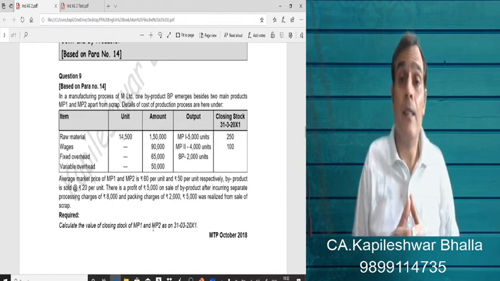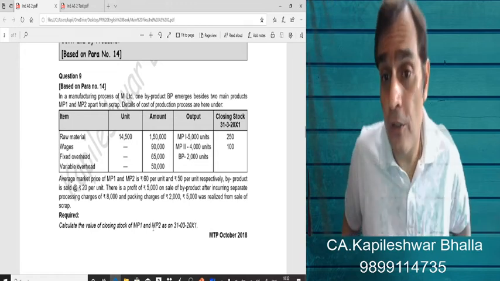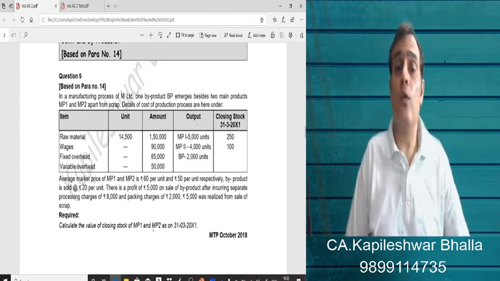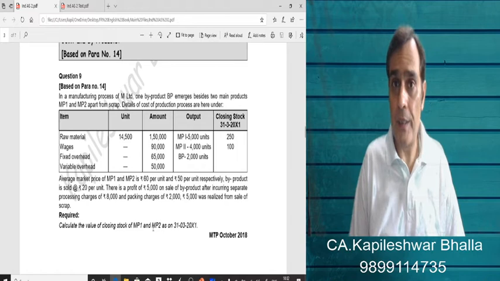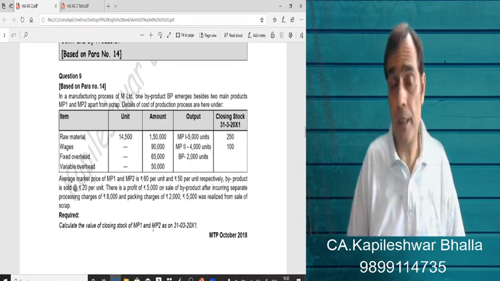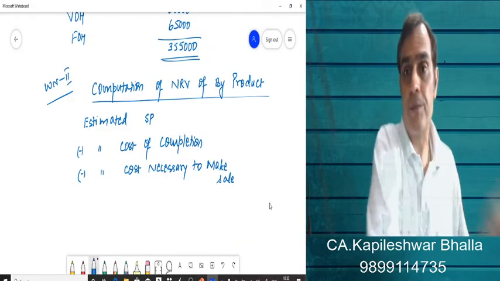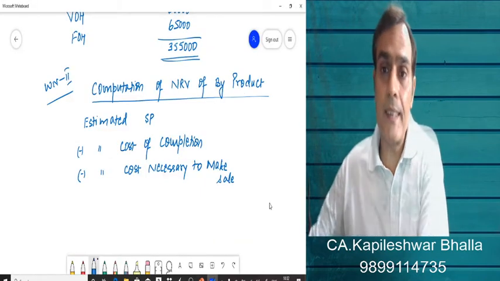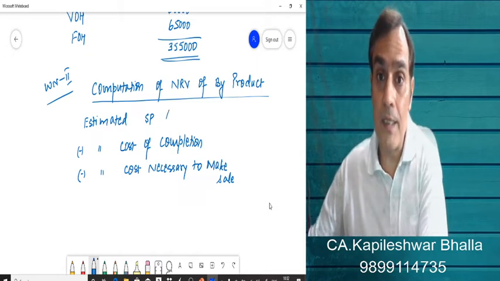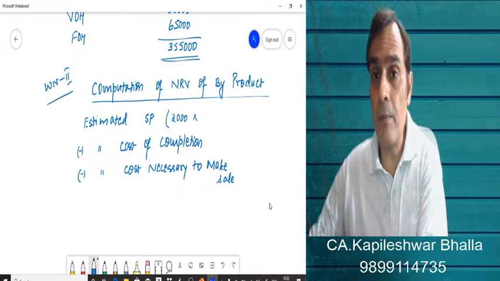We're also given the selling price of the byproduct. It is sold at the rate of 20 rupees per unit, and there are a total of 2,000 units of the byproduct. So let's go back to the calculations. The estimated selling price is 2,000 units at 20 rupees per unit, which works out at 40,000.